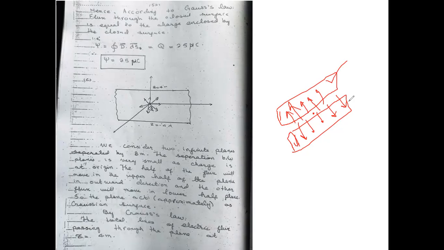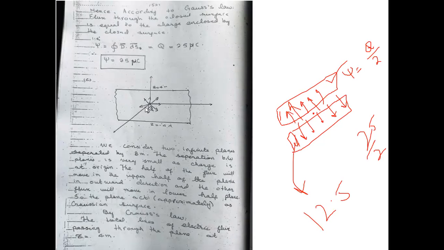So we have psi is equal to q by 2, because from one sheet we will get half of the flux lines. So the answer will be equal to 25 divided by 2. Okay, that's it. 12.5.